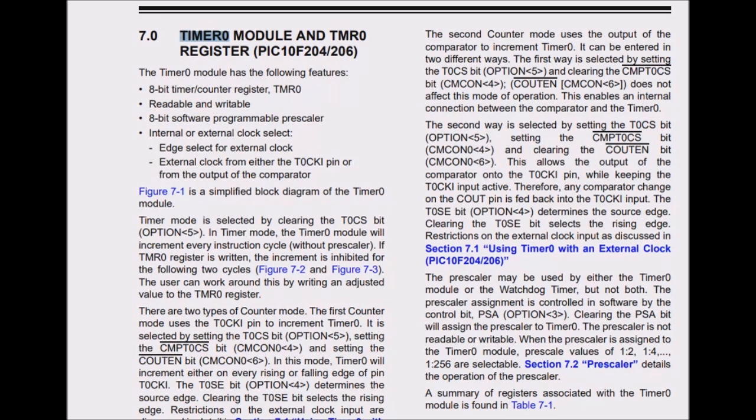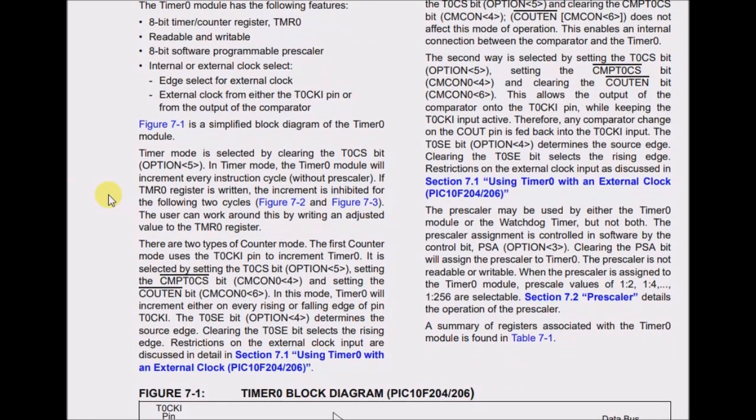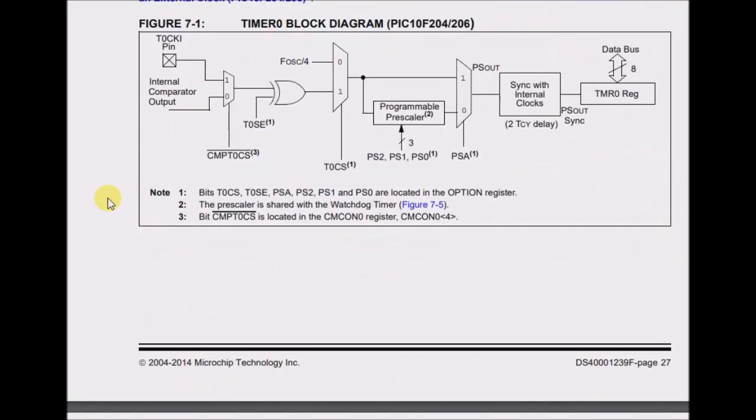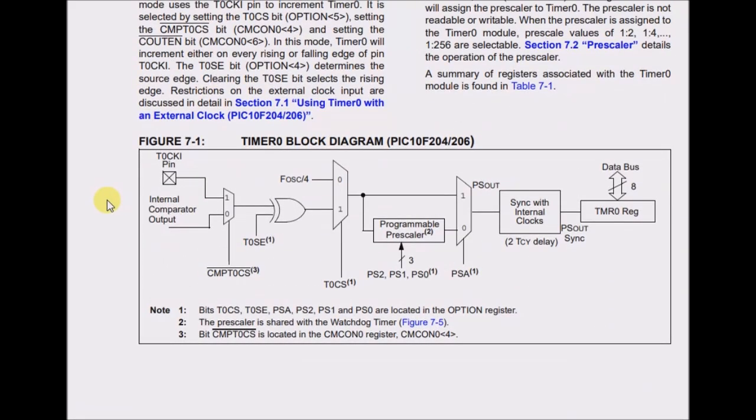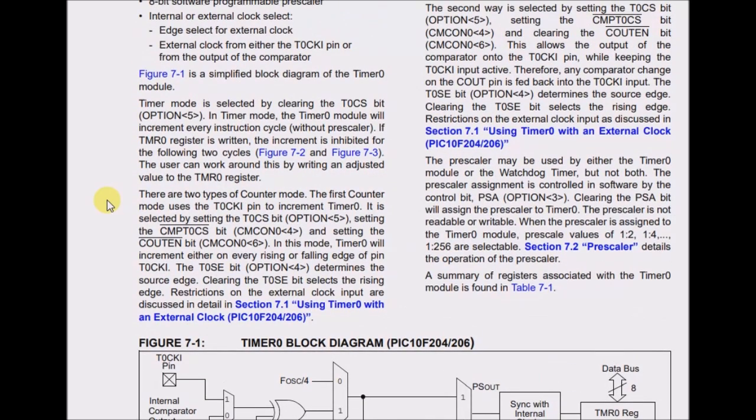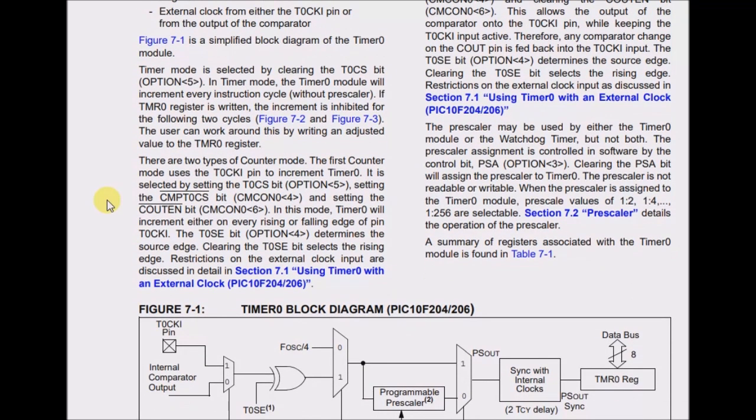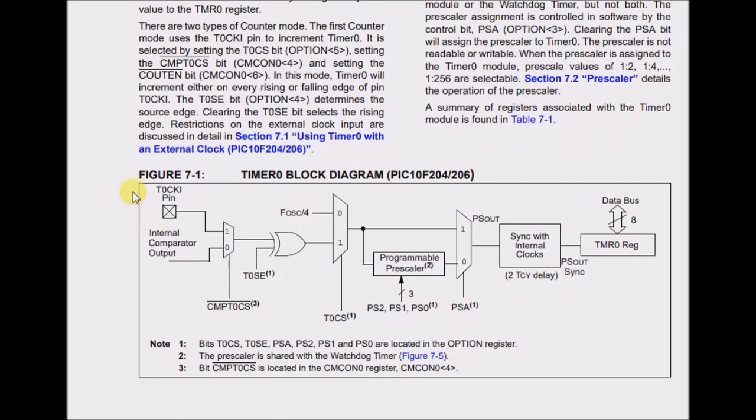Figure 7.1 is a simplified block diagram of the Timer0 module. Show it quick here. Okay, maybe I'll read it first. TOCKI pin, internal comparator output, CMPOTCS.